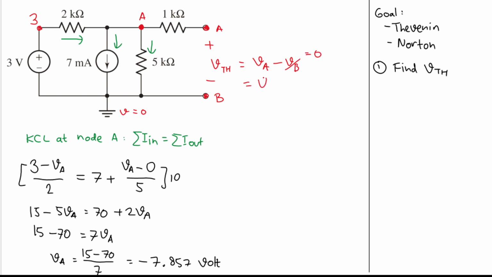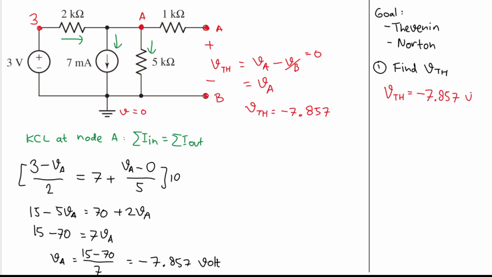So that will equal VA. Therefore, our VTH is minus 7.857. Okay, let's save this value here. So we have VTH equal to minus 7.857.